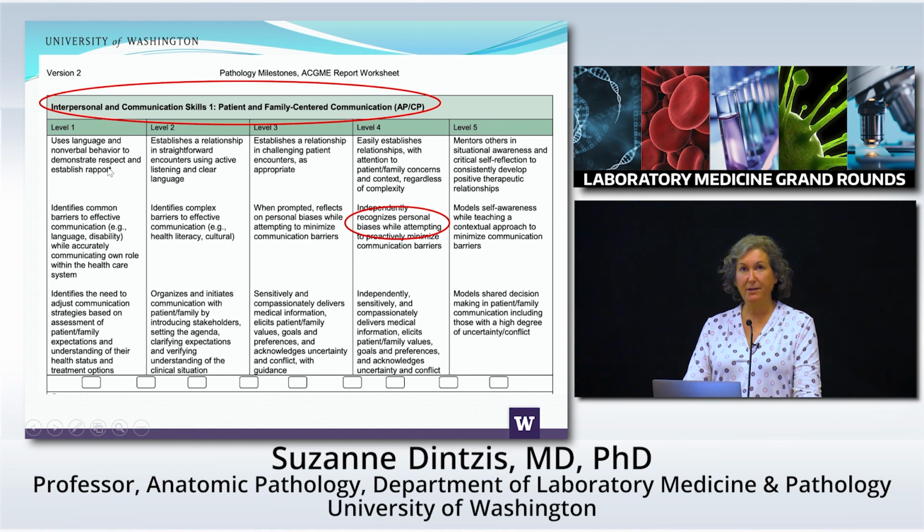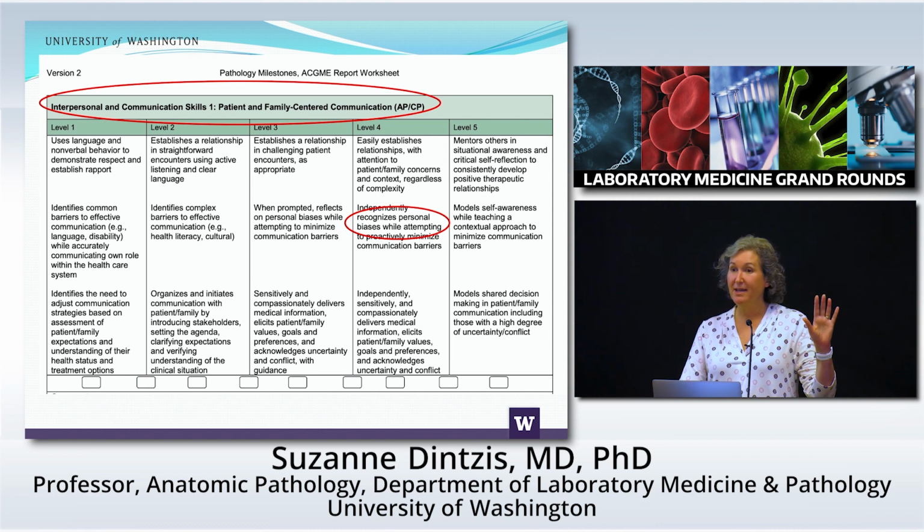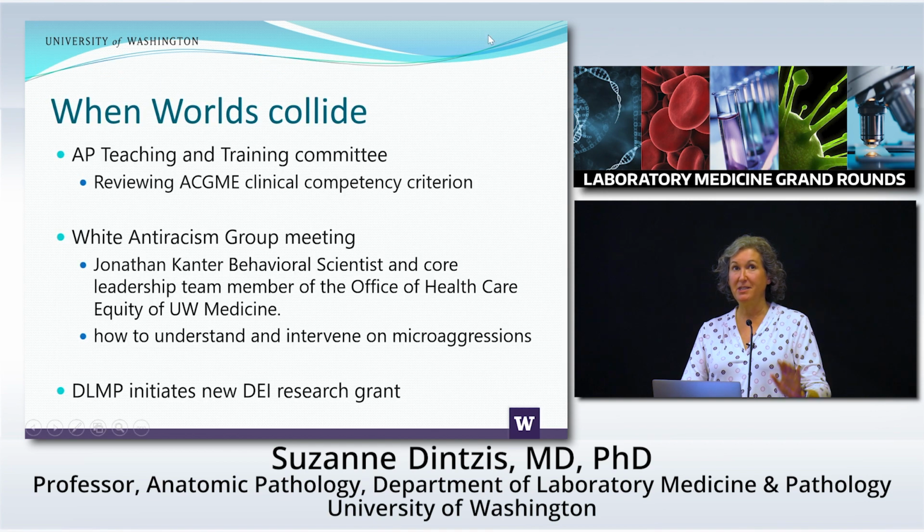In particular, recognizes personal biases while attempting to proactively minimize communication barriers. Yeah, that's so easy to train and so easy for us to judge. And yet, this is part of the rubric that we look at every year as part of the AP Teaching and Training Committee, and which we need to actually evaluate our residents for.